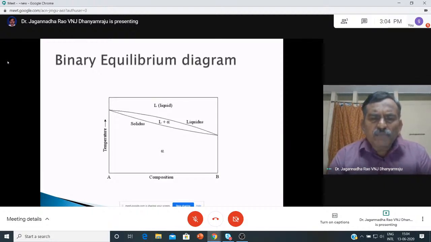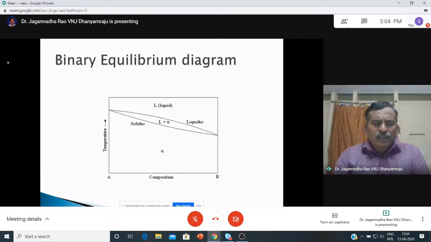When the two components combine in the liquid state, there will be a homogeneous liquid designated by letter L in this figure. And similarly, when the two components A and B combine together in the solid state, they form a homogeneous solid solution that is designated by alpha in this phase diagram.